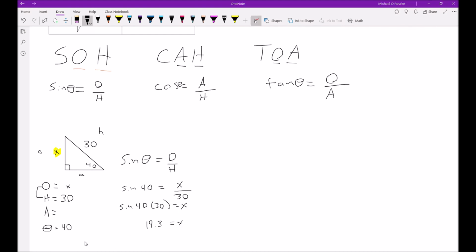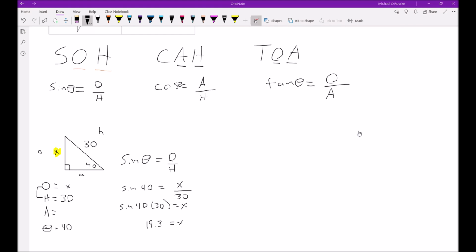The other type of calculator I could have is something like this. For this one, I would write down sine, and inside these little brackets I would put 40, and multiply that by 30. Oh, what's my mistake here? Oh, I'm on rads. Oh, no, degrees. Sine 40 times 30. 40 sine times 30. 19.8.